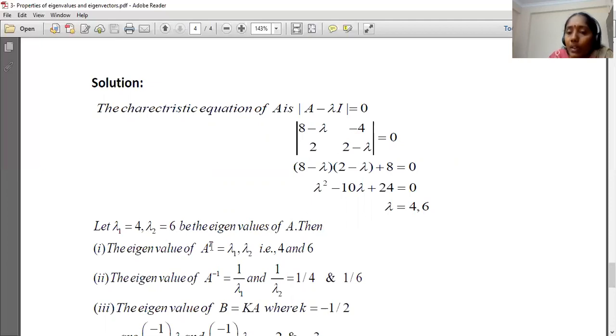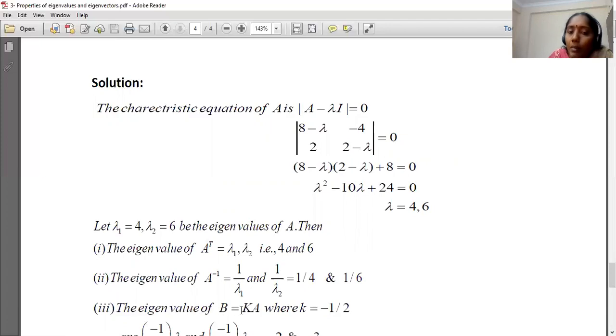Then the eigenvalues of A transpose. Eigenvalues of A transpose and A are the same, so 4 and 6 are the eigenvalues of A transpose. The eigenvalues of A inverse: A has 4, 6, so A inverse has reciprocals, that is 1 by 4, 1 by 6.